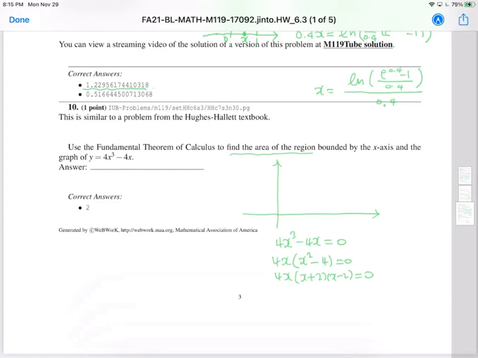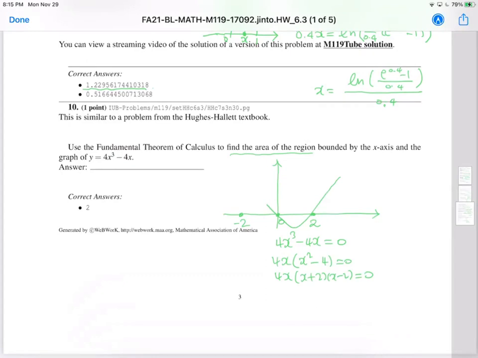So it intersects at 0, negative 2, and 2. So if x is bigger than 2, the graph is positive.